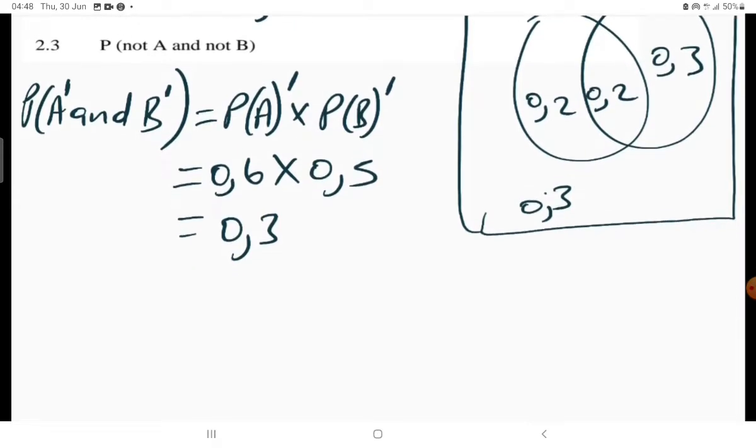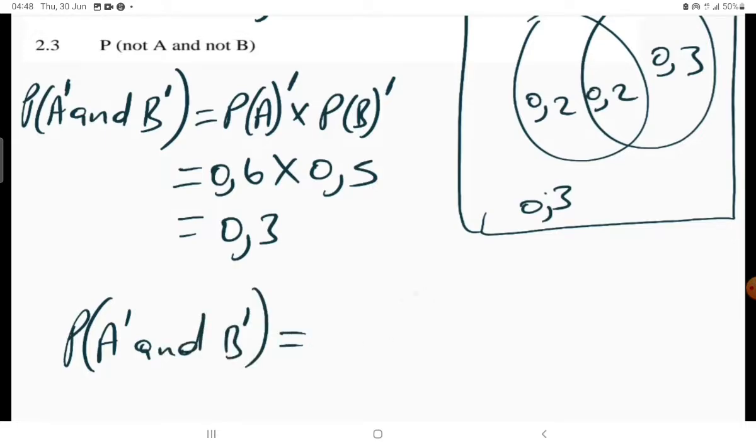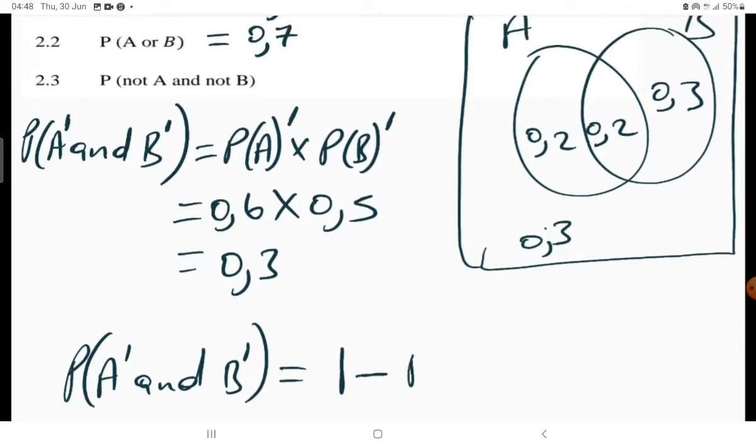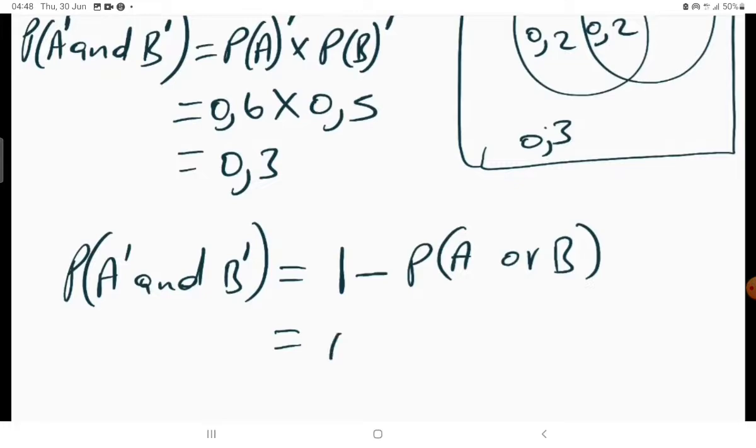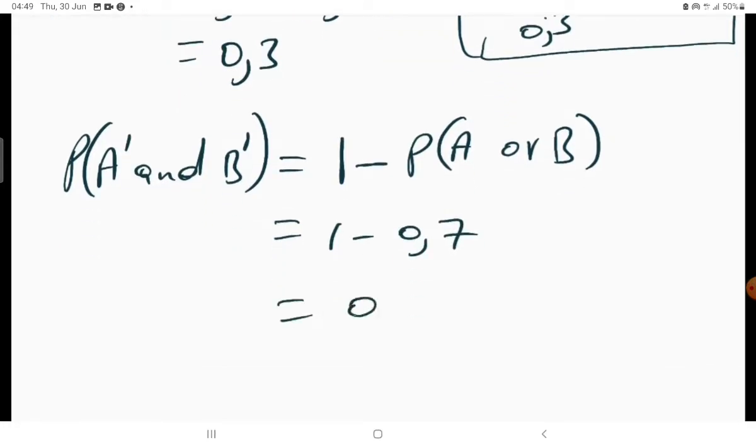It can also be found by saying we have the probability of A prime and B prime, which is the same as 1, the lump sum of probability, minus the probability of A or B, which is 1 minus 0.7, giving us 0.3.